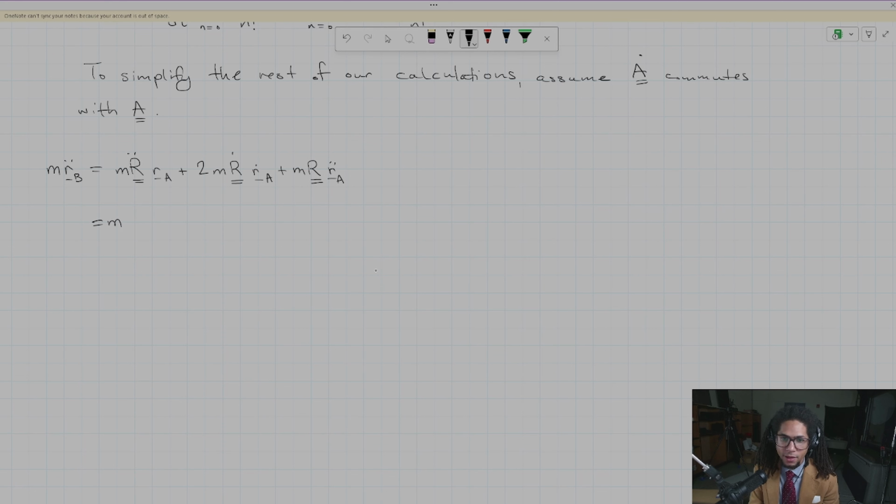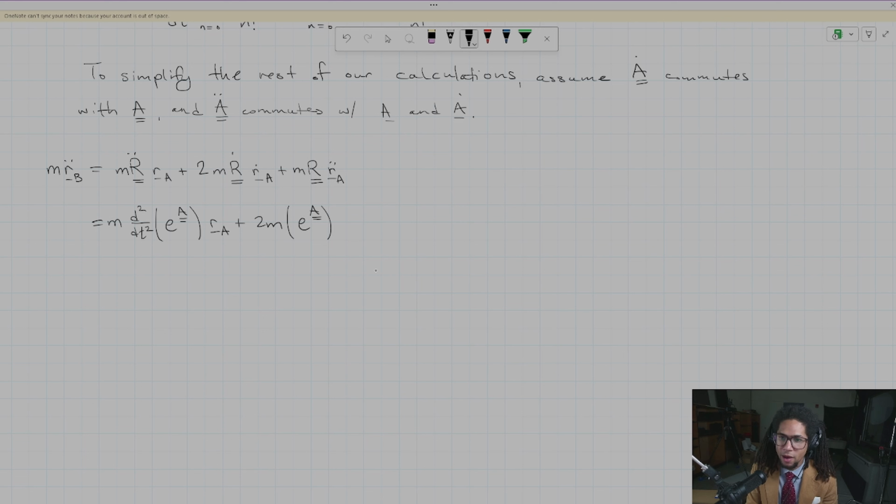So we'll get m times d squared dt squared of e to the A times r_a plus 2m e to the A. Sorry, before we go on, actually, I'm going to assume that A dot commutes with A and A double dot commutes with A and A dot. That'll become important here in just a second. All right, in any case, let's keep going.